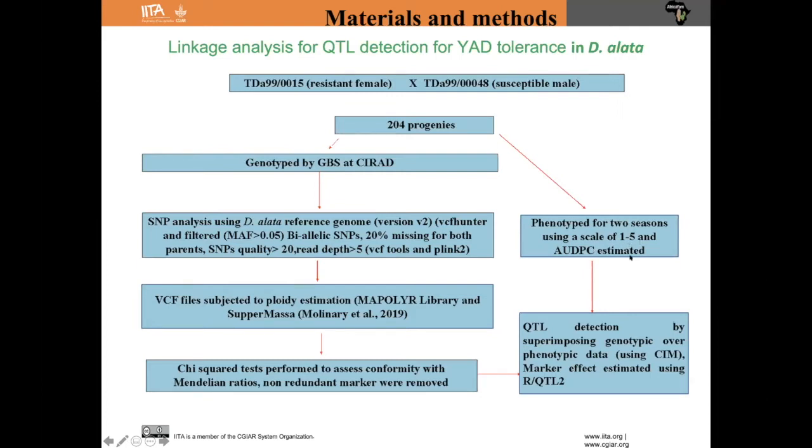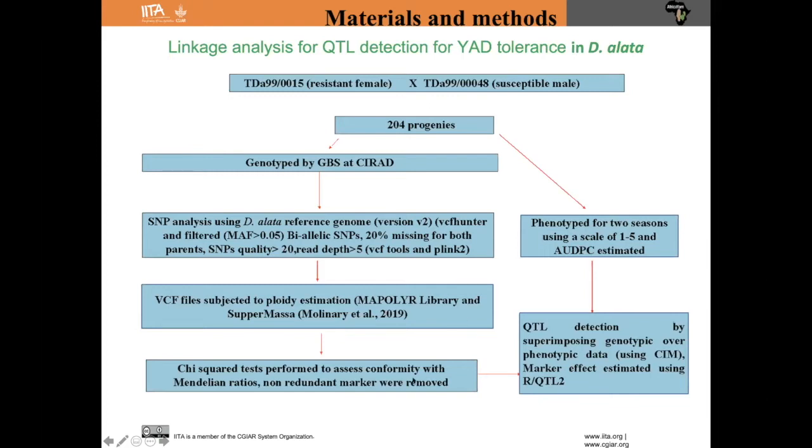Then we transform the data to quantitative by estimating the area under disease progression curve. Because Alata is polyploid, we are suspecting a ploidy level in the data, so we subject the VCF file that we obtained to MapPoly.